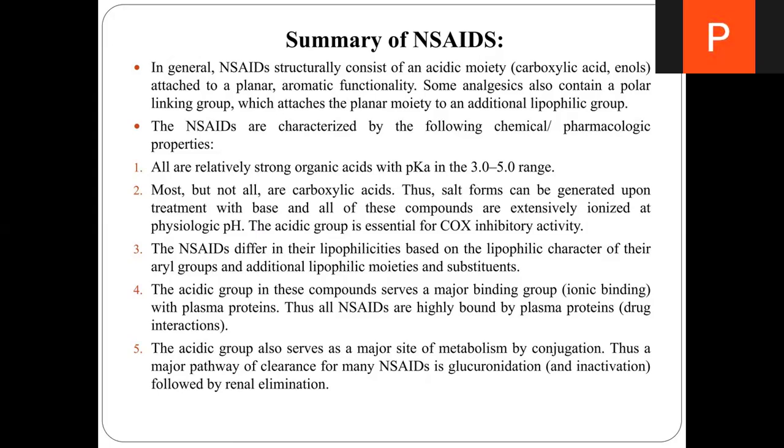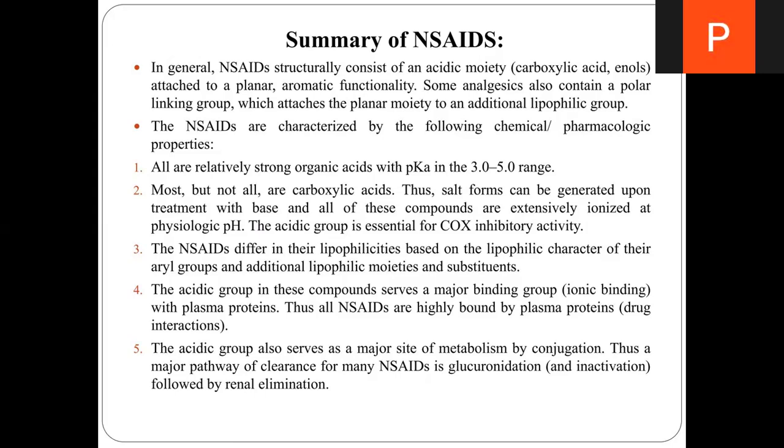The NSAIDs differ in their lipophilicities based on the lipophilic character of their aryl groups. Aryl is nothing but C6H5 groups, and additional lipophilic moieties and substituents. The acidic group in these compounds serves as a major binding group, with ionic binding to the plasma proteins.